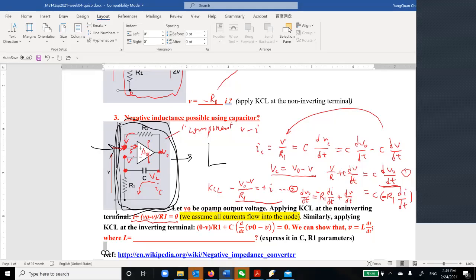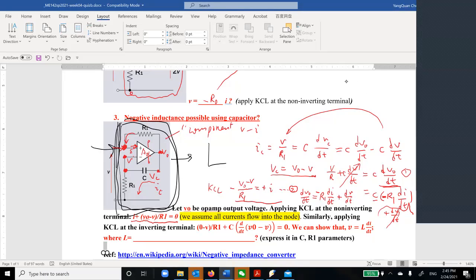But interestingly, I have one more term which is dV/dt. Because it's C times dV/dt, you also have C dV/dt, so this term is going to be cancelled out.